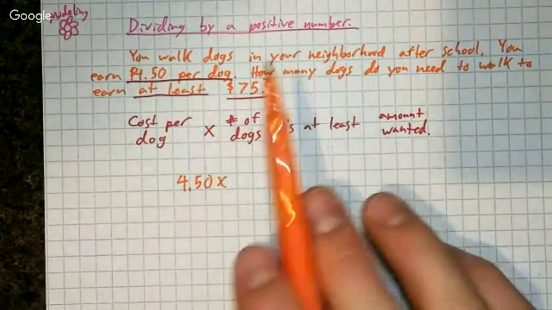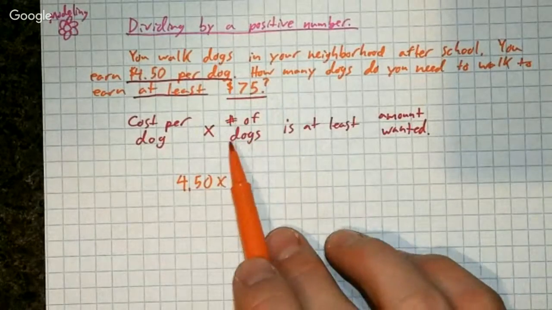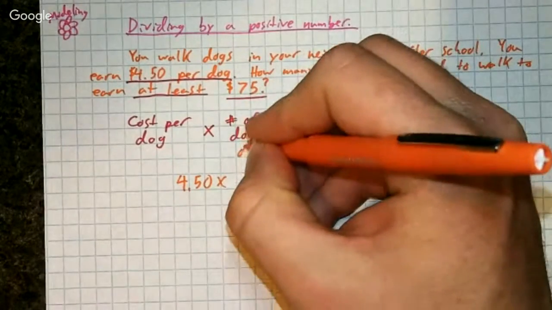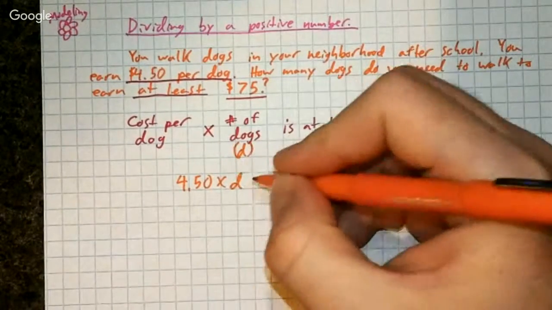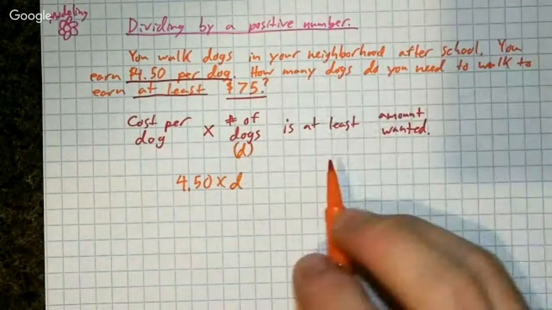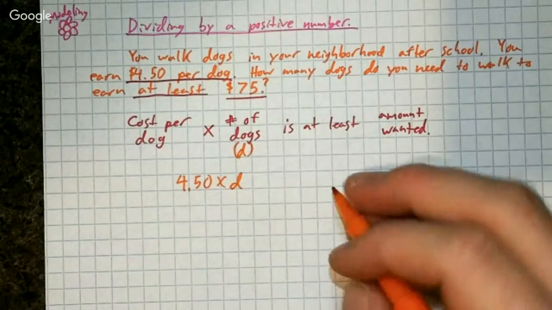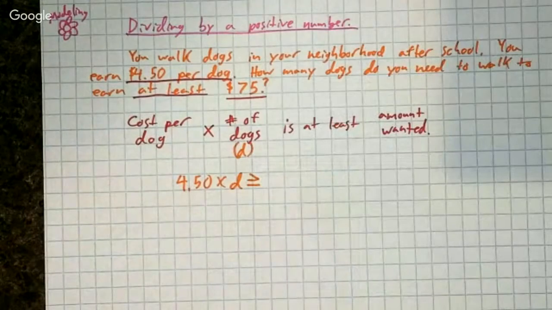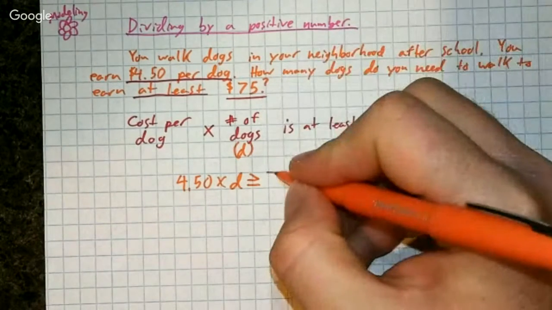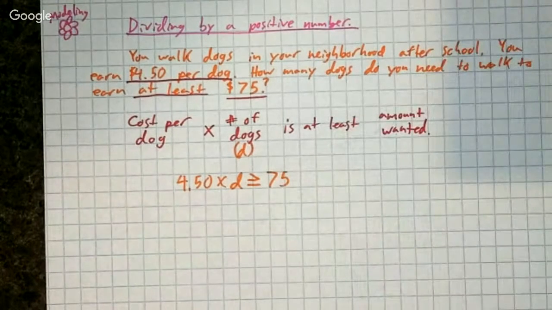We don't know that yet, so that's going to be our variable. I'll make it easy and say this is going to be D. 4.50 times D is at least, so that means equal to or greater than, the amount wanted, which is $75. So there is our inequality.